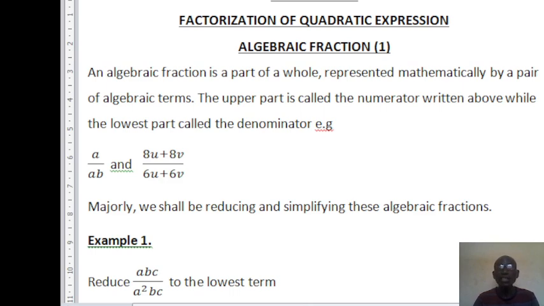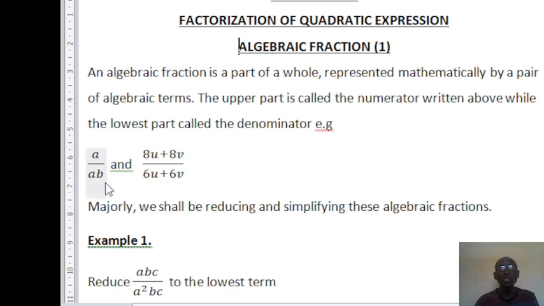So an algebraic fraction, like I said, is part of a whole, represented mathematically by a pair of algebraic terms, such as this. You see the upper part containing A is what we call the numerator, and the lower part containing B is what we call the denominator.